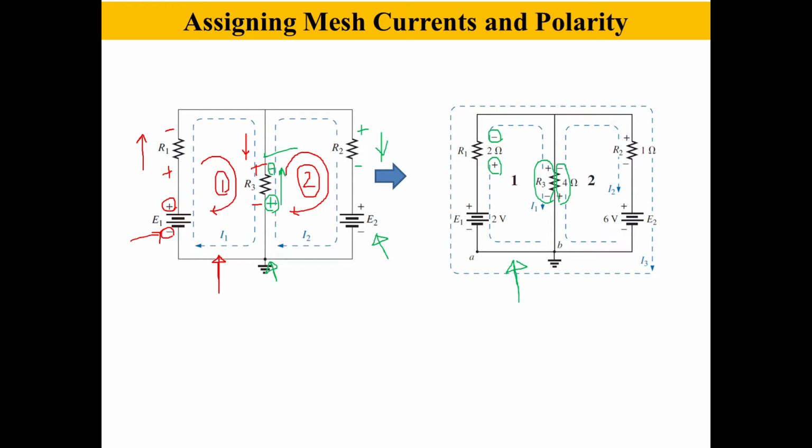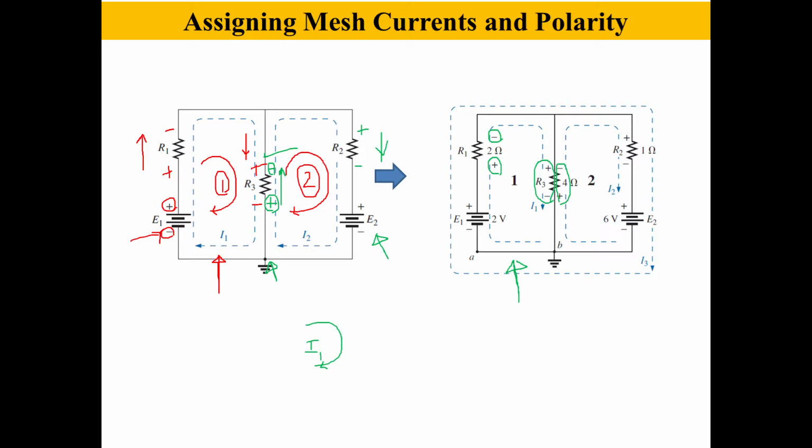So what is the point? I will again tell you these two steps. What is the first step? The first step is to mark the current in the clockwise direction. If there are two loops, you have to identify the windows, assume the current in the clockwise direction, and write the current as I1. Then what is the second step?